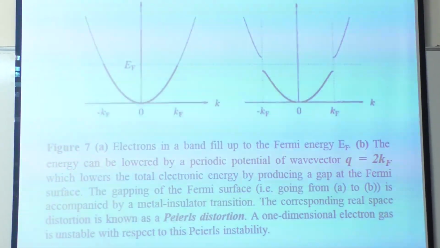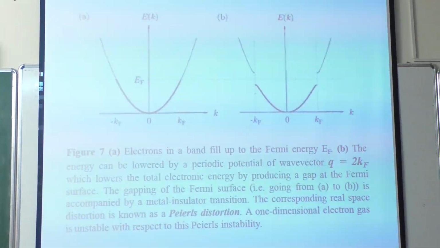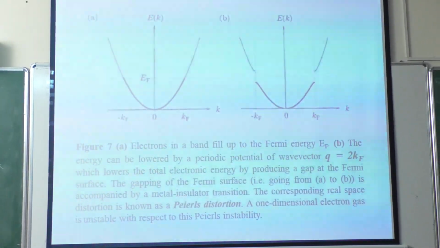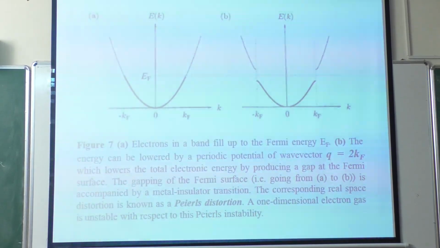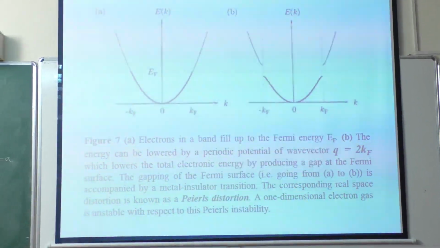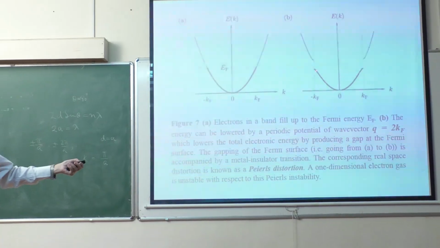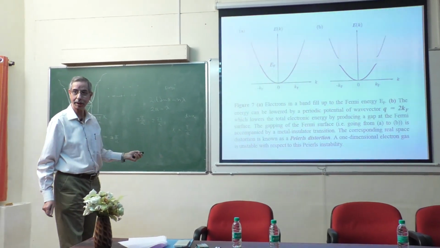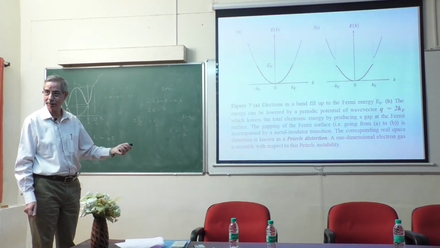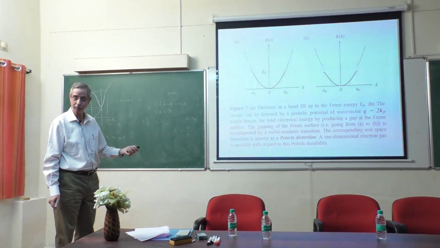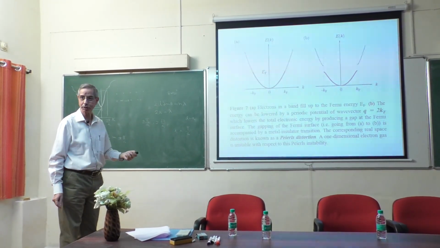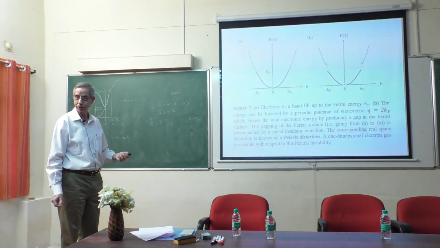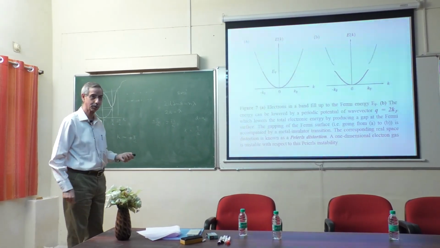what you do is that at minus kF and plus kF, this gap opens up, okay, this gap opens up at kF instead of minus pi by a and plus pi by a, it is at kF. Okay, so pi by a, if I call it q, okay, so then it would have been q and minus q here.